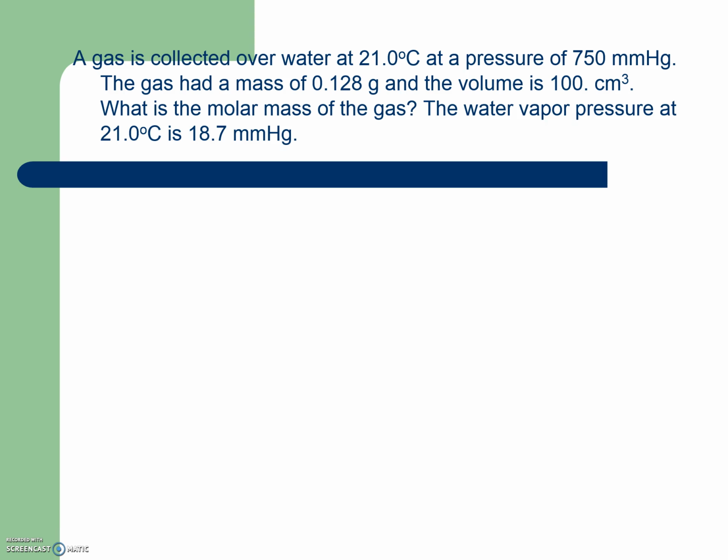So we have a gas collected over water. So this is our picture that we drew yesterday. So in here I have the gas, whatever it is, plus the water vapor. I know that my total pressure is equal to 750 millimeters of mercury.